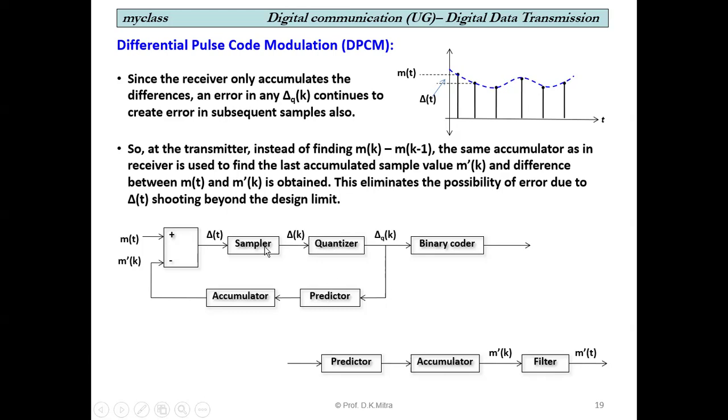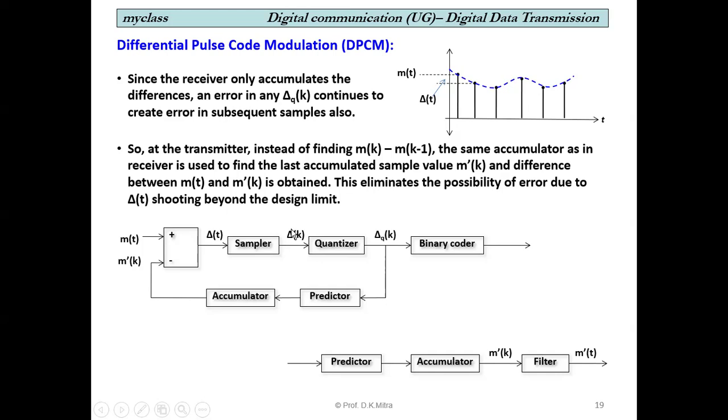What it does, look, there is m(t), the input signal, then there is the last signal, this was the last sample value, and this is a subtractor which determines the difference del t. Del t is sampled.